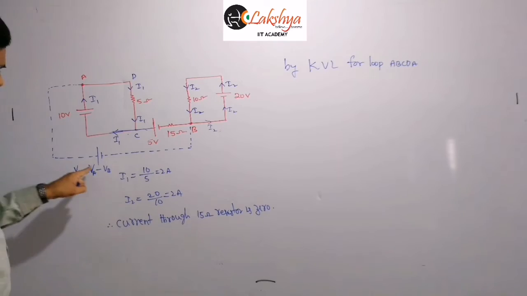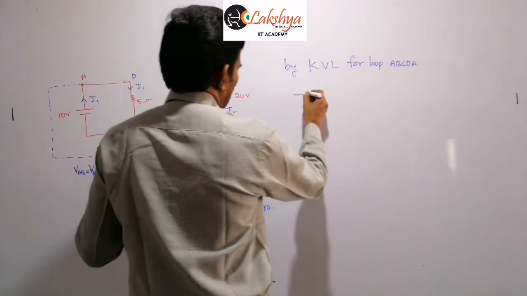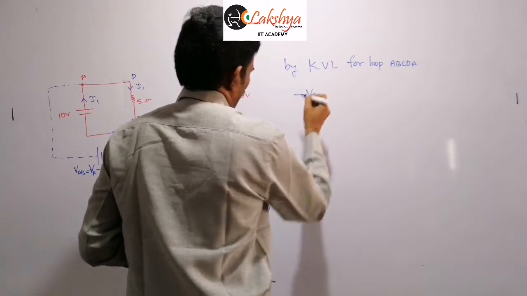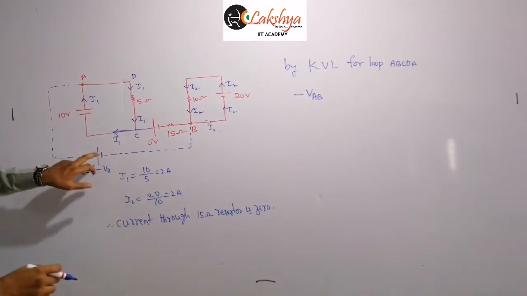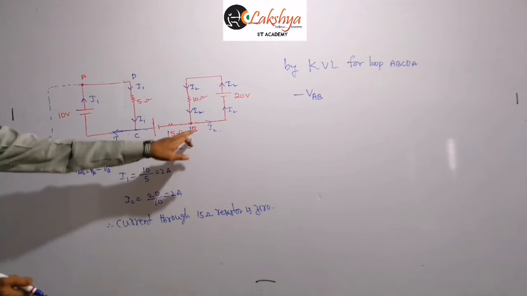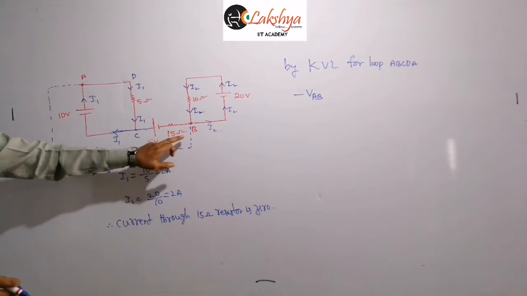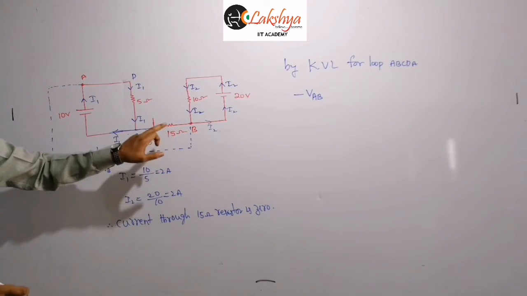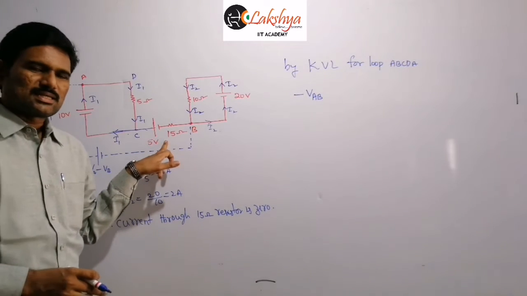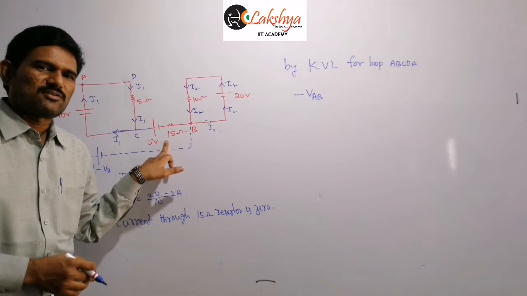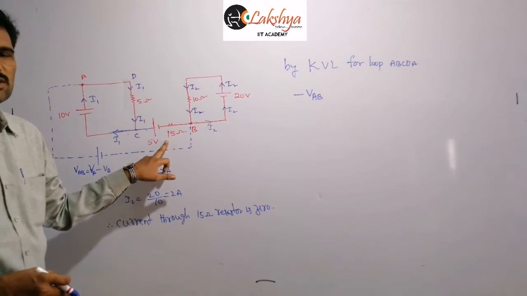So now starting from this, minus VAB, because we are traveling from positive terminal to negative terminal. Next we are reaching this point here, where resistance is there. Can you say what is the potential difference across this 15 ohm resistor?